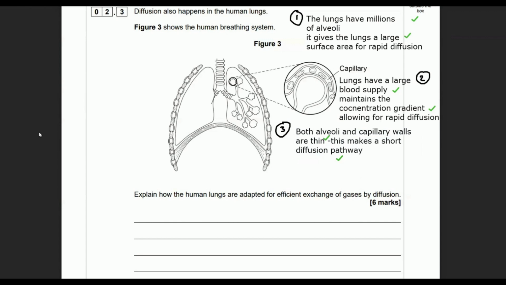If you want, they've shown you this diagram, so we could bust out a little bit on the ventilation of the lungs. We could talk a little bit about how the lungs are ventilated. You don't actually have to know the mechanism of air in and out, but ventilation of the lungs moves air in, and this is going to maintain a steep concentration gradient.